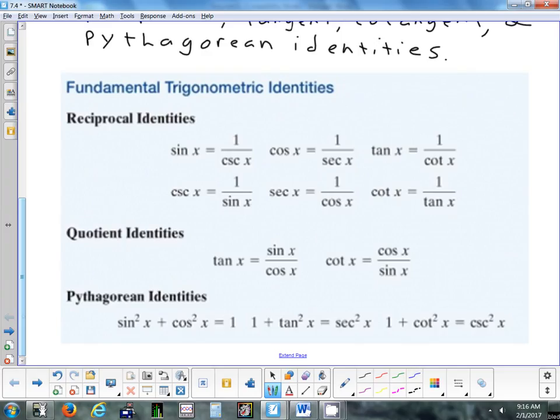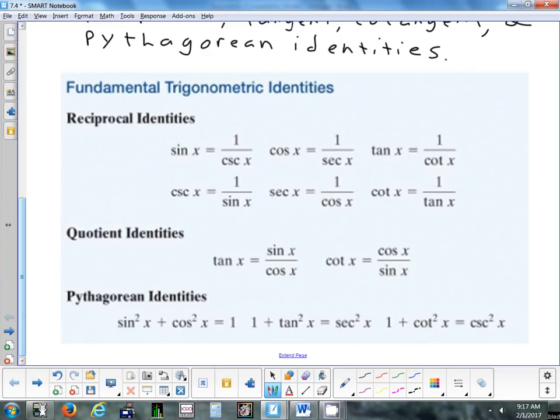Now there are hundreds, probably thousands of identities. These are 11 identities. As far as identities that you really should know, these are the only real ones that you should know pretty quickly off the top of your head. The other hundreds or thousands of identities, if you ever need them, we just look them up. There are just too many other ones to remember.